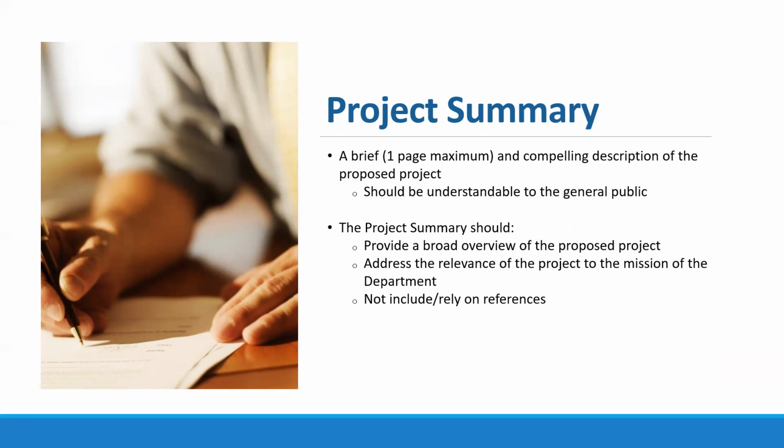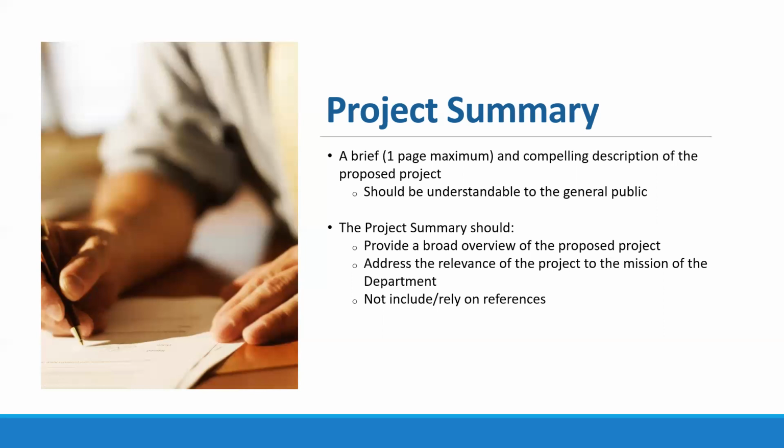We do understand that it is sometimes difficult to distill all of the information occurring over a 2.5 to 3 year project down to 1 page. But these project summaries really are intended to be just brief and compelling descriptions of the proposed projects.